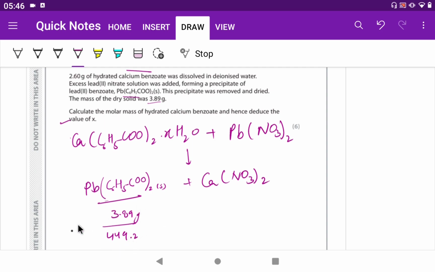So this will be the number of moles of this one, and the same number of moles will be for hydrated calcium benzoate. So I need to find out the Mr of this.